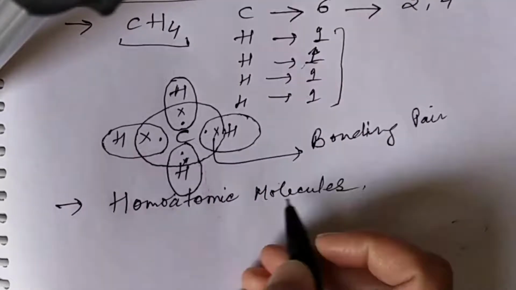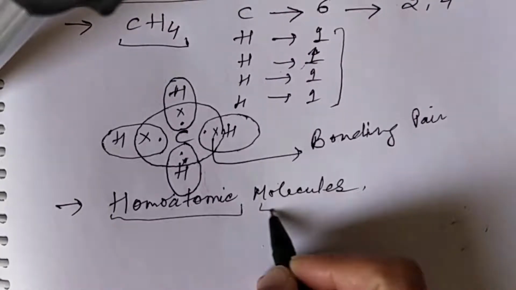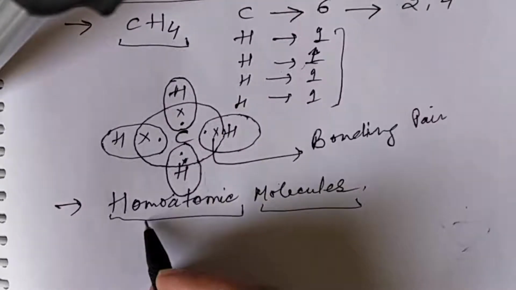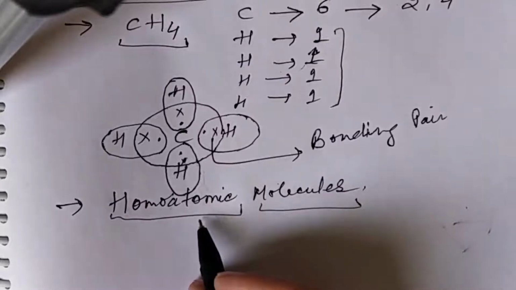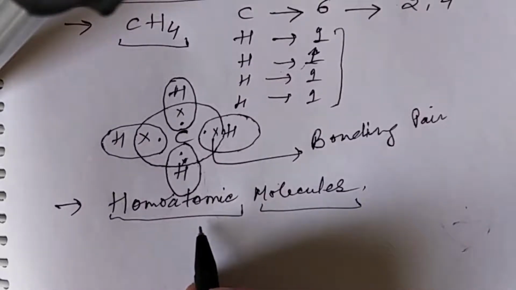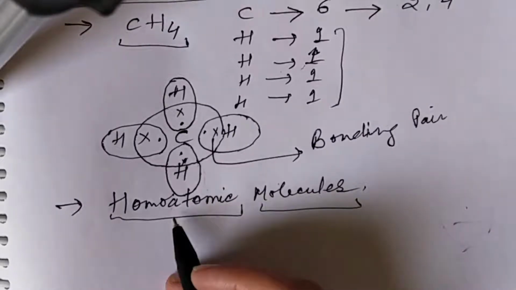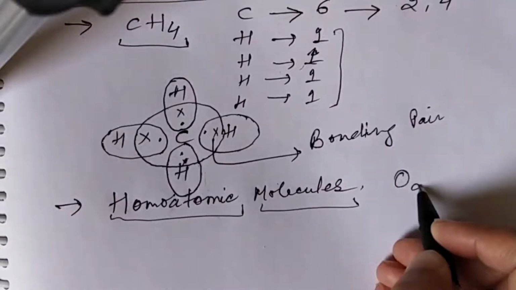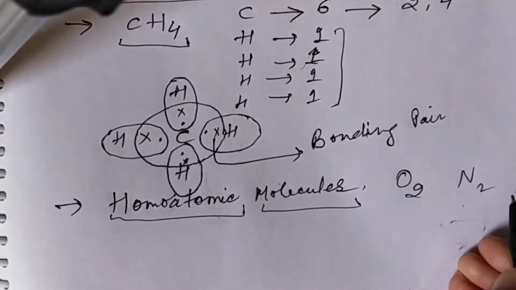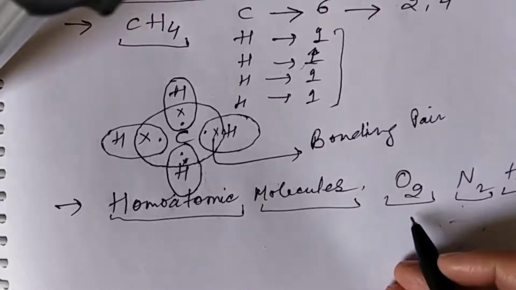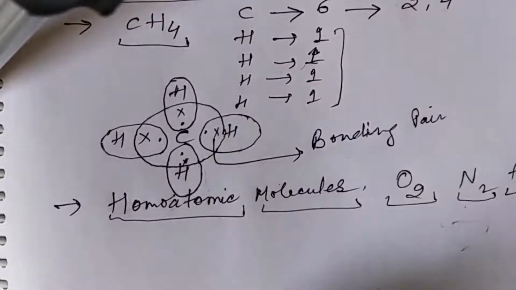As the name suggests, the molecule which contains the same kind of atoms is called a homoatomic molecule. For example, you might have heard about O2, N2, H2 molecules. They are diatomic molecules. How is the bond formation taking place here?